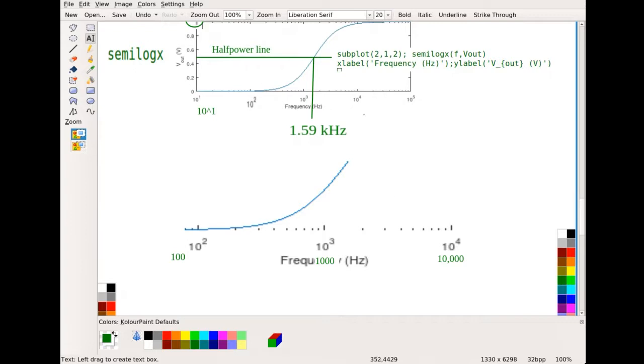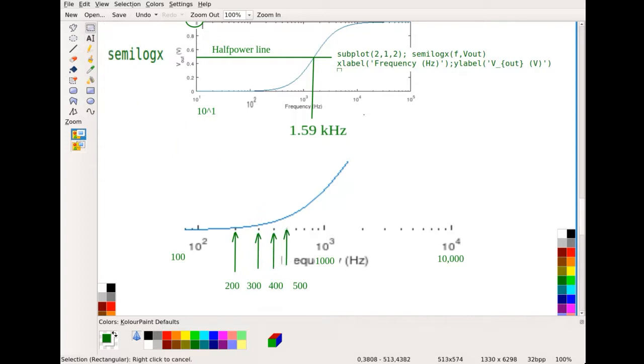Then when we look at these little tick marks, this first tick mark here is 200, the next one would be 300, the next 400, the next 500. So that's 300, 400, and this one here is 500.